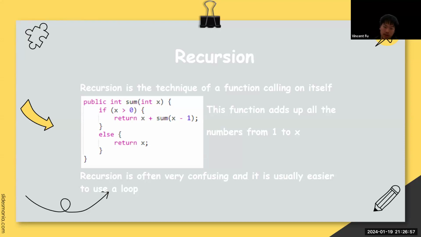Now you could do this with a for loop or a while loop, but I just chose to do this with recursion to show you guys here. So in the function, you can see that while x is greater than 0, it'll return x plus the function call of x minus 1.